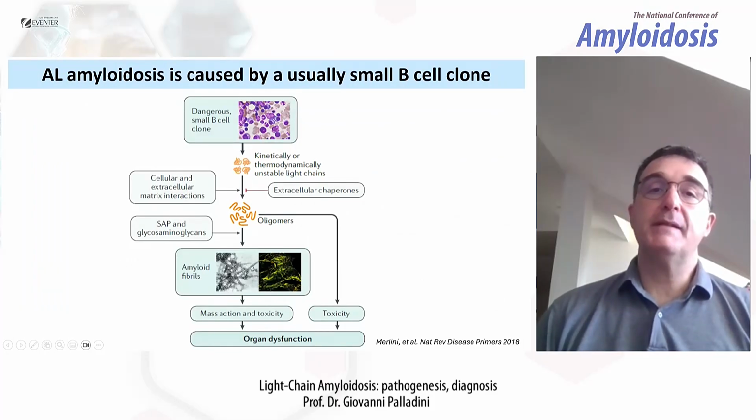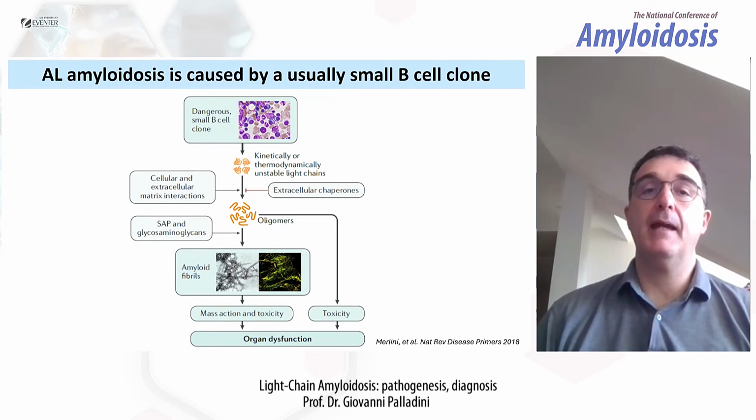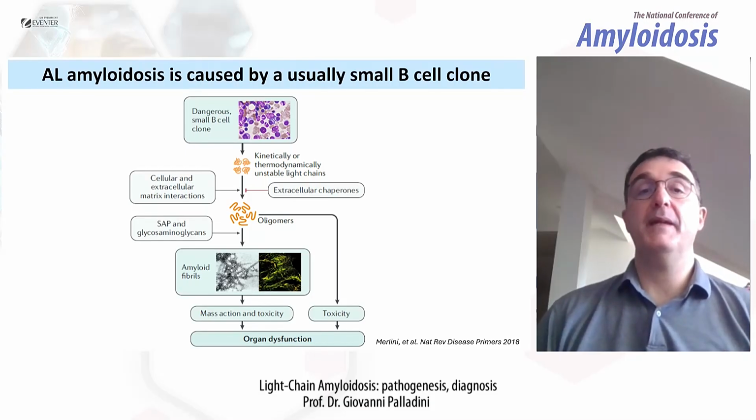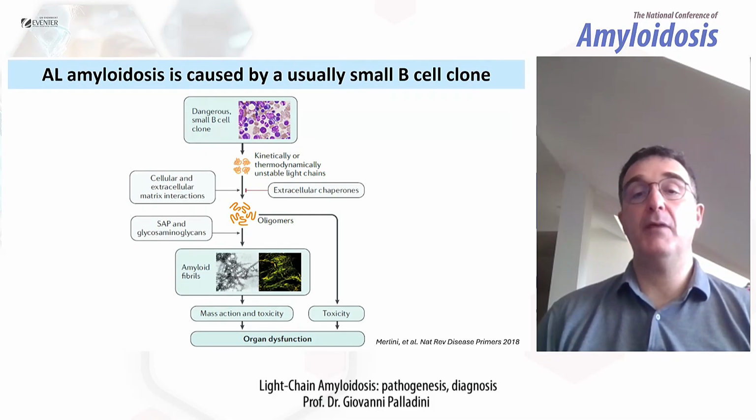In AL amyloidosis, the background of the disease is a B cell clone that is most commonly a plasma cell clone, but you can also have other types of B cell clones that produce a monoclonal light chain that is unstable and can misfold and aggregate, forming amyloid fibrils that deposit in tissues.